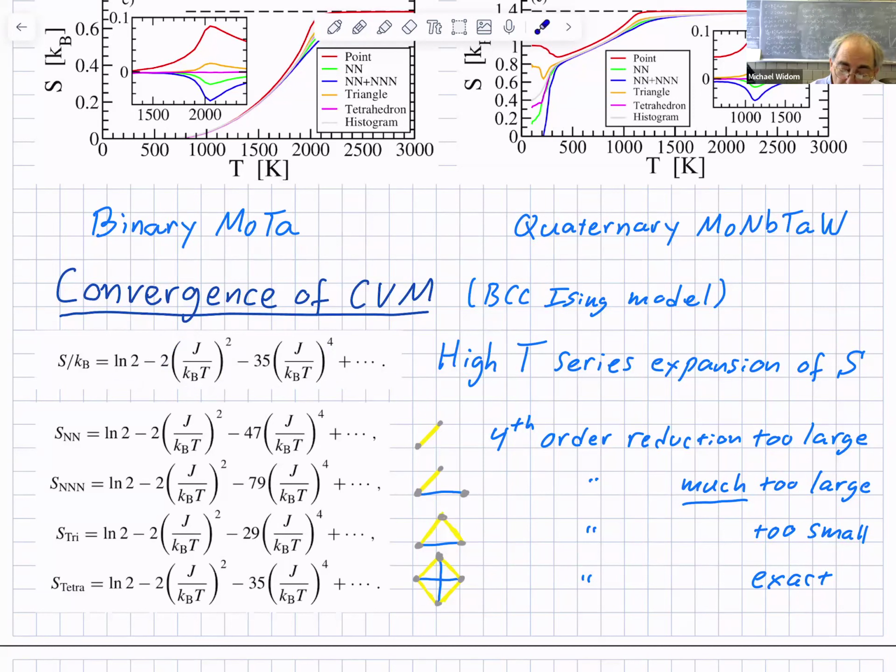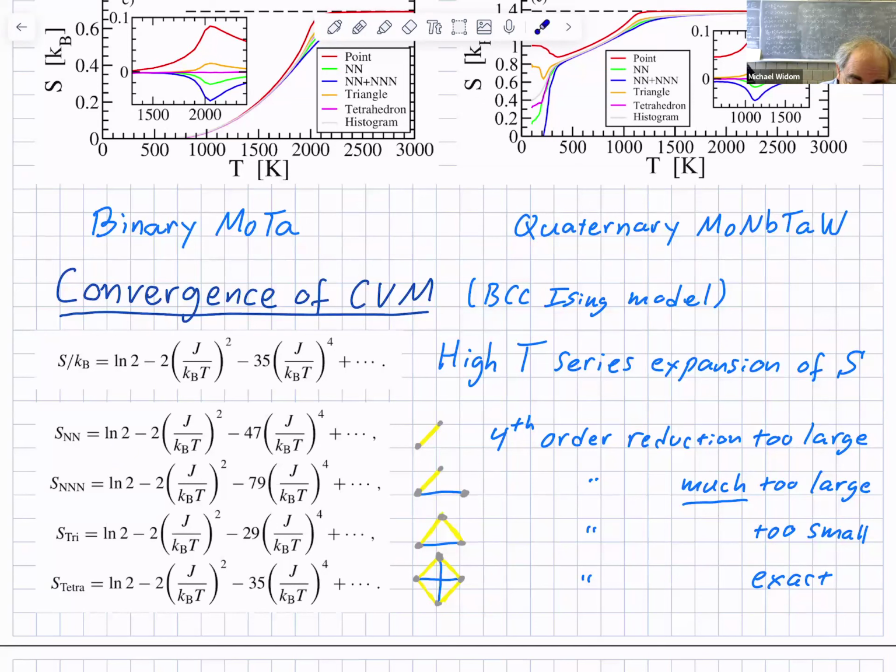And then we carried out the series expansions for the correlation functions and stuck them into the cluster variation method. And so we see that for all variants of the cluster variation method, well, I should say the point approximation will only have the log 2.